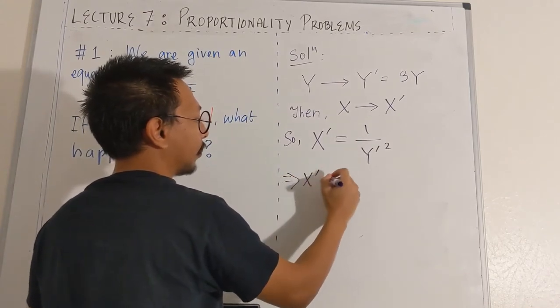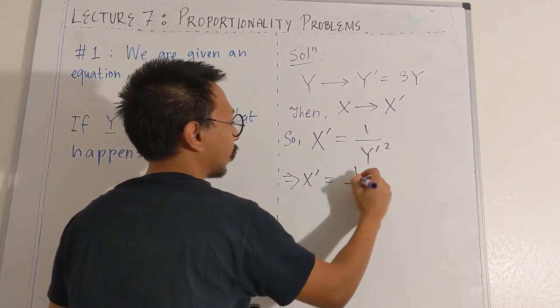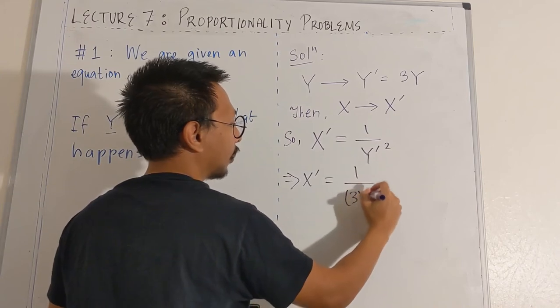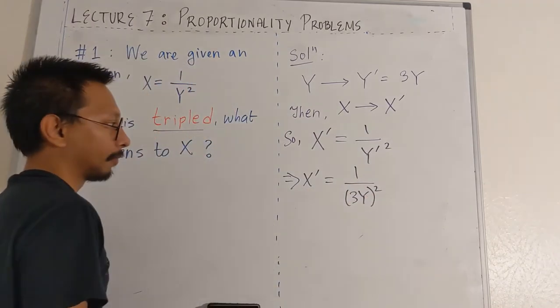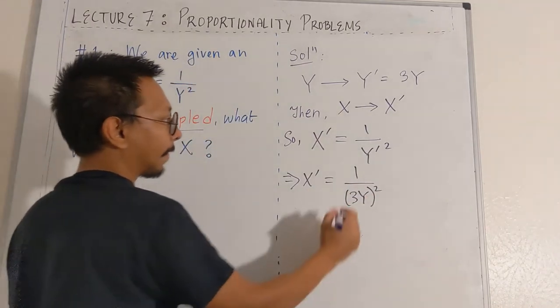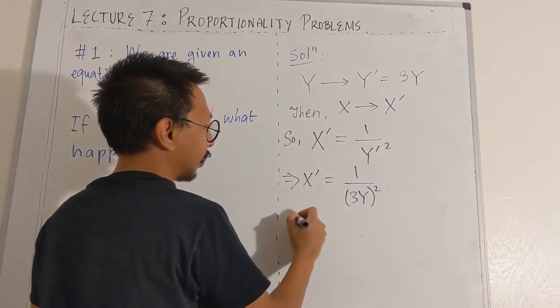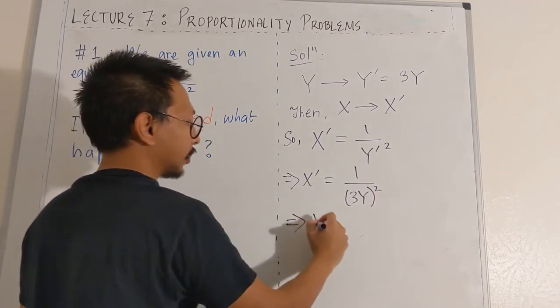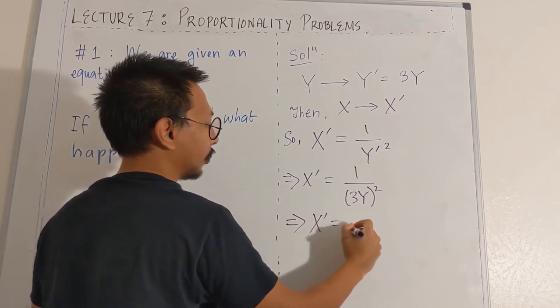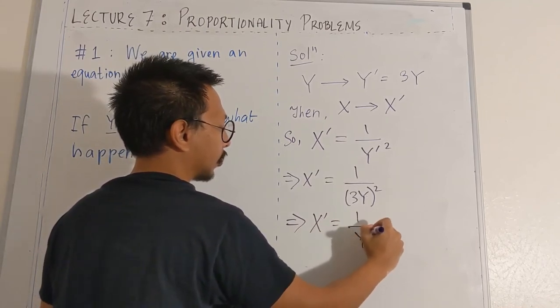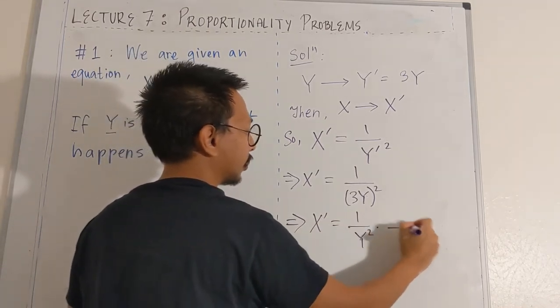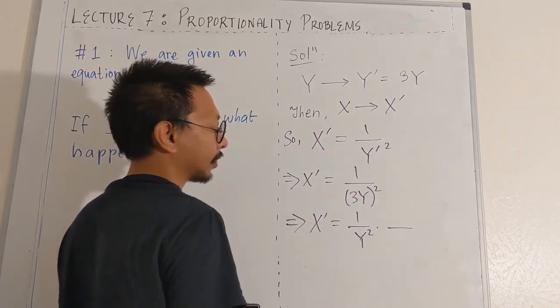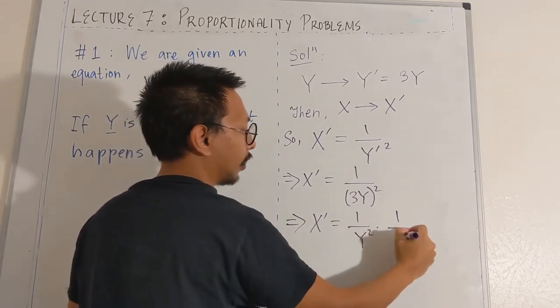So x prime is equal to 1 over (3y) whole squared. Then that means x prime is equal to 1 over y squared times 3 squared, which is 9, so 1 over 9.